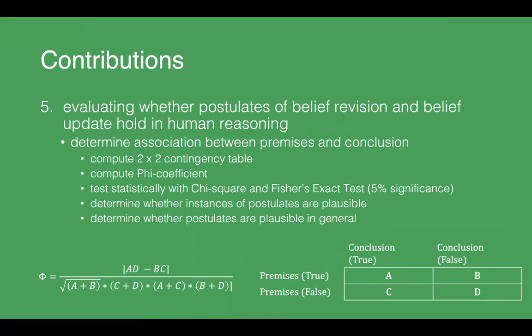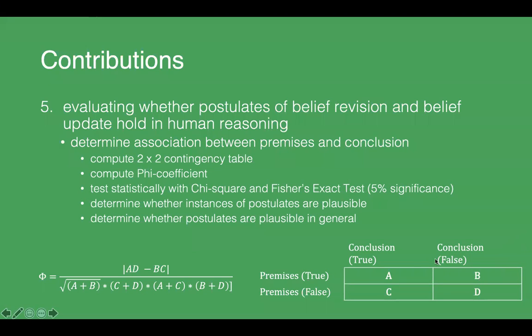Our fifth and final and most important contribution was evaluating whether these postulates, the postulates of belief revision and belief update, hold in human reasoning. To do this, we determine or measure the association between the premises and conclusion of each postulate. In doing this, we compute a 2x2 contingency table, as shown on the bottom right of the screen.